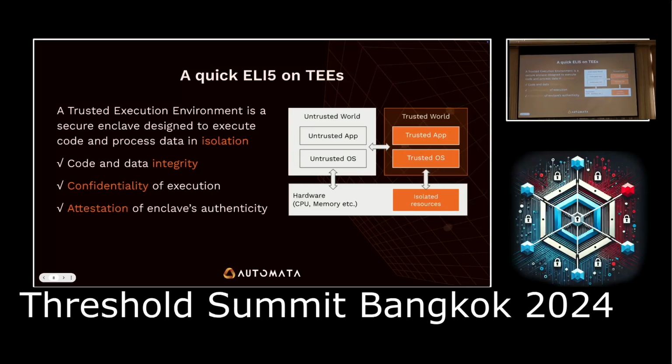And the last one is attestation, which means we need a mechanism to ensure the code is running as expected, and also that the hardware environment matches the TEE guarantee. We will talk more about this in the following slides.